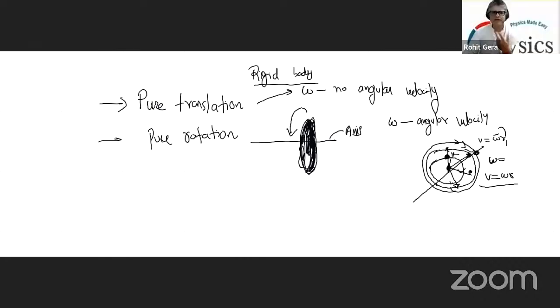Pure translation में, because there is no rotation, the question of different v does not arise. So if this is your disk, but it is only moving forward without rotation, like this, then each point has the same velocity. Then concentric circle doesn't come. Concentric circle comes only in case of a rotation.